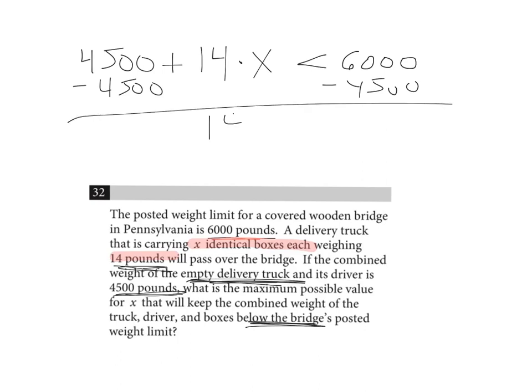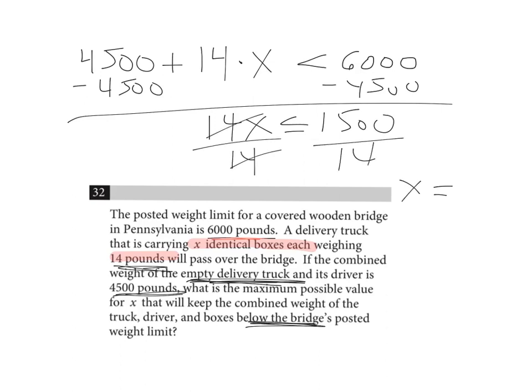So here we're going to have 14 times x, so 14x is less than or equal to 1,500, and we'll divide both sides by 14. X is less than 107.14, give or take. So it says, what is the maximum possible value for X?